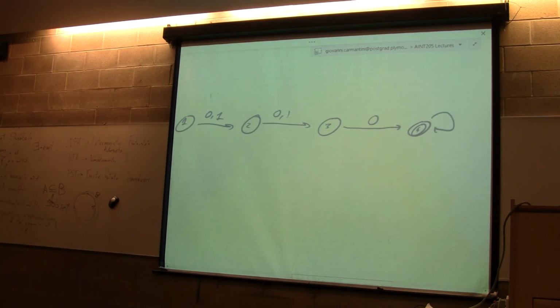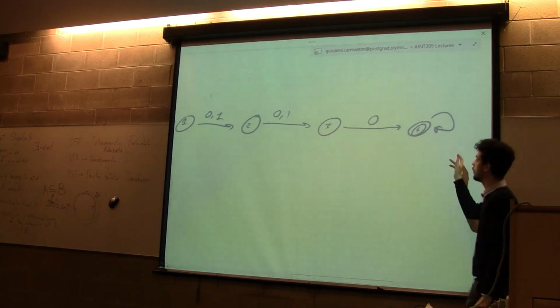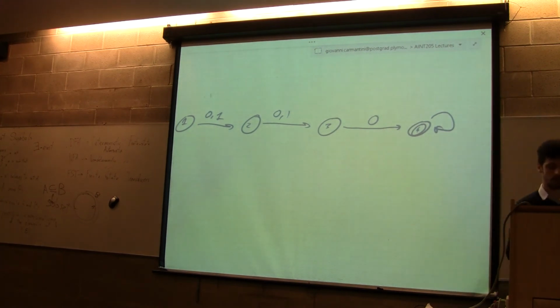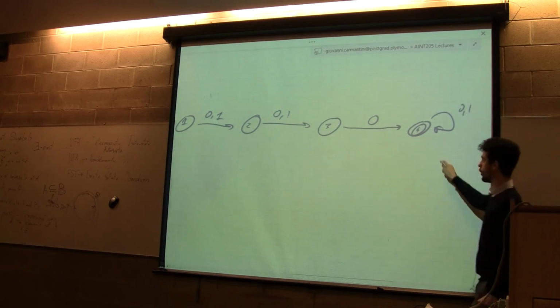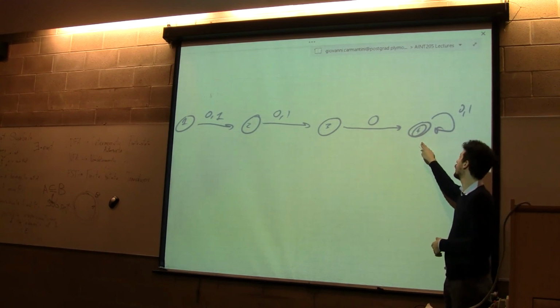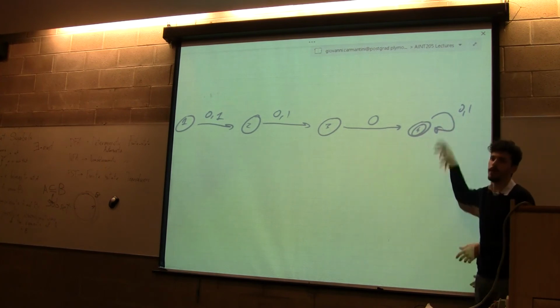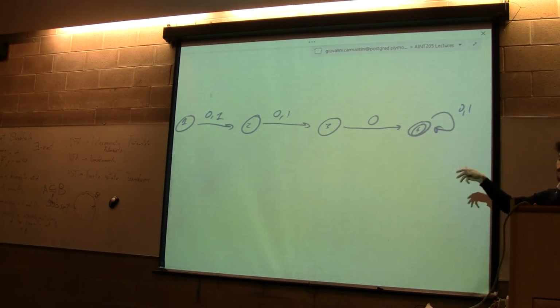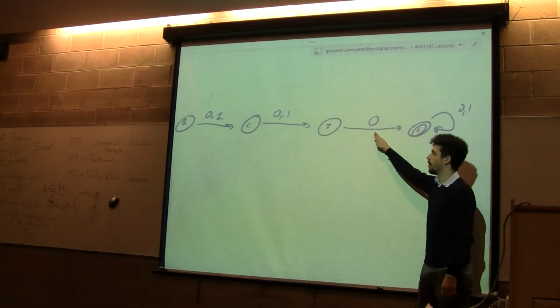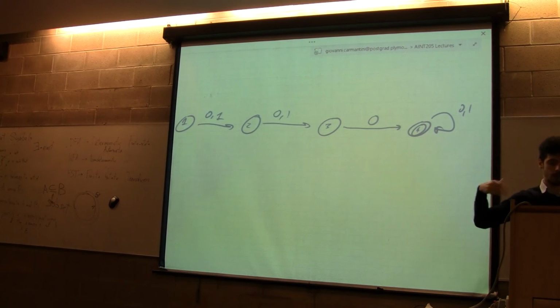And then, what do I put here? 0, 1. Because once we've reached state 4, we know that the string has length 3 or more. And then we can just stay there because the string is longer than 3, and the third symbol is 0, so it stays there.